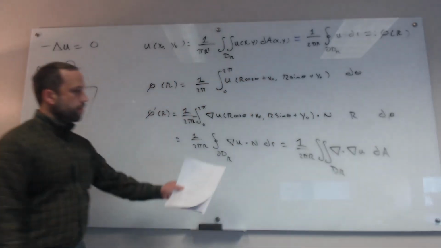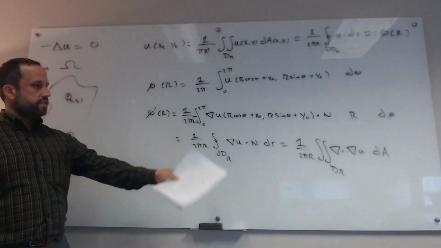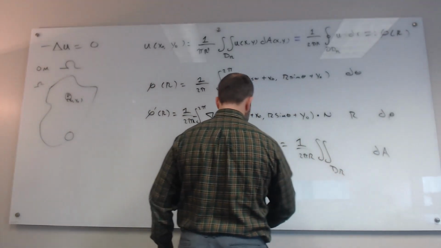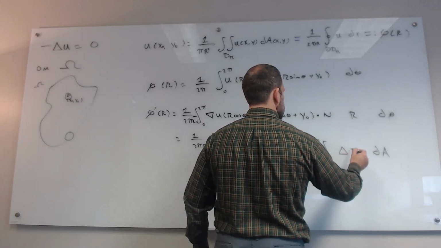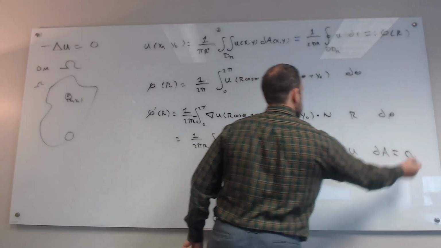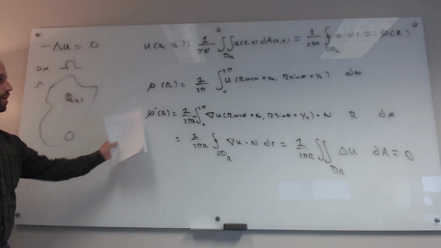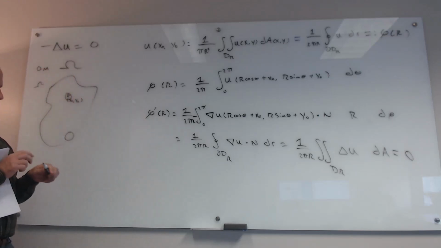But remember, the divergence of the gradient is just the Laplacian. So this is the Laplacian. And that's equal to 0 because the Laplacian of u is equal to 0. So in other words, phi prime of r is equal to 0.